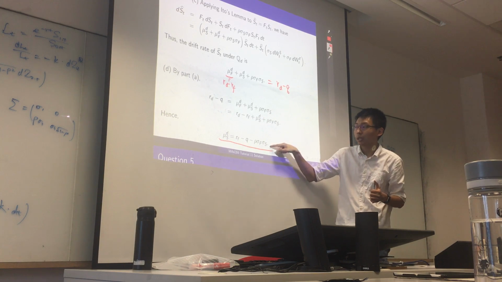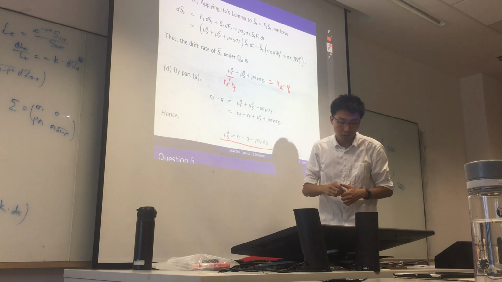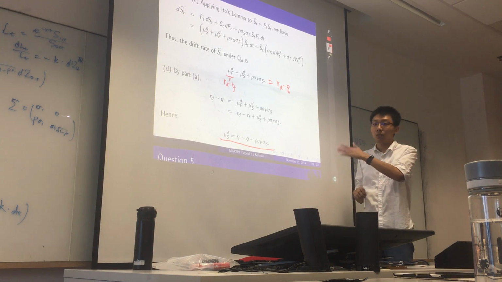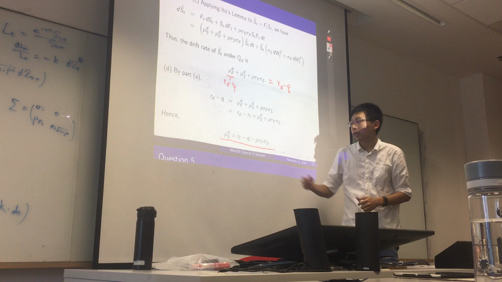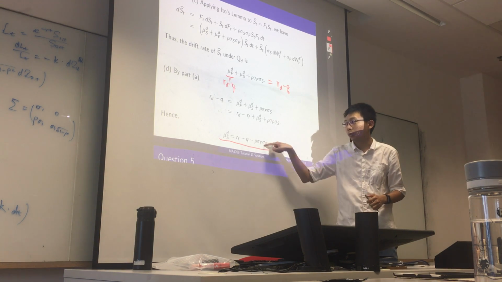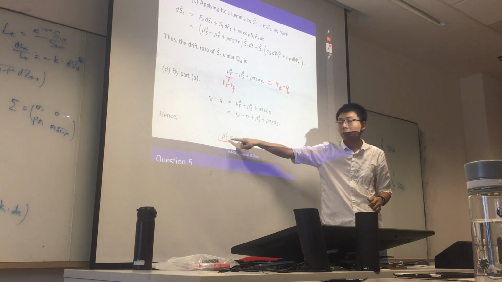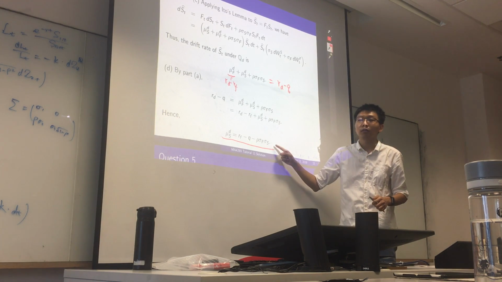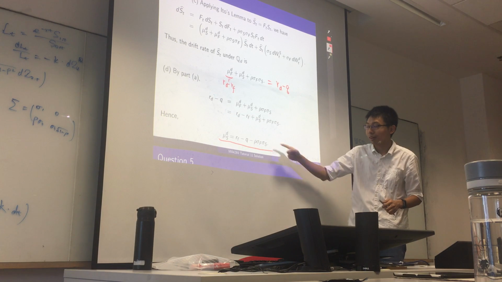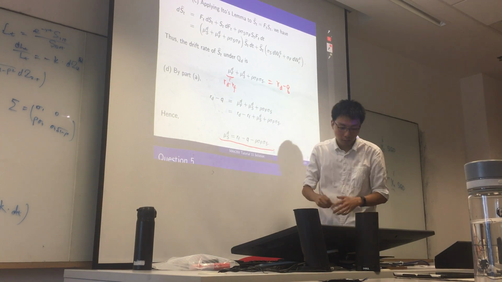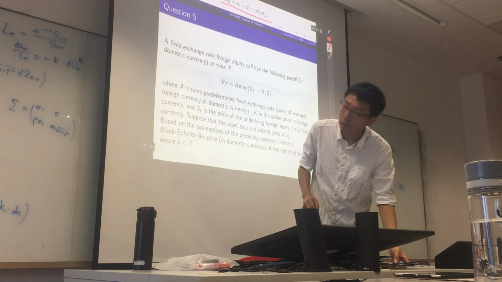If you compare these results with the ones in your lecture notes, the PDE will always agree with the drift term in Ito's lemma. And this real number comes from here because the drift term of this stock price should be this very weird number, and it comes from this whole argument here. Okay, so that's for question 4.